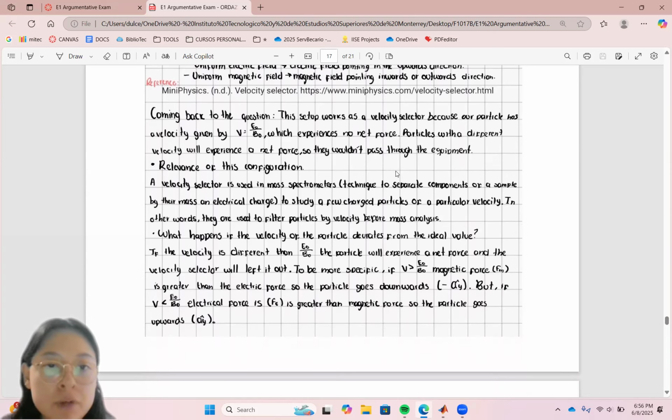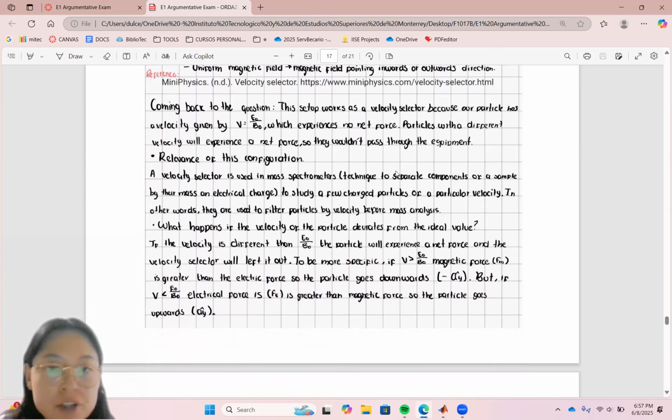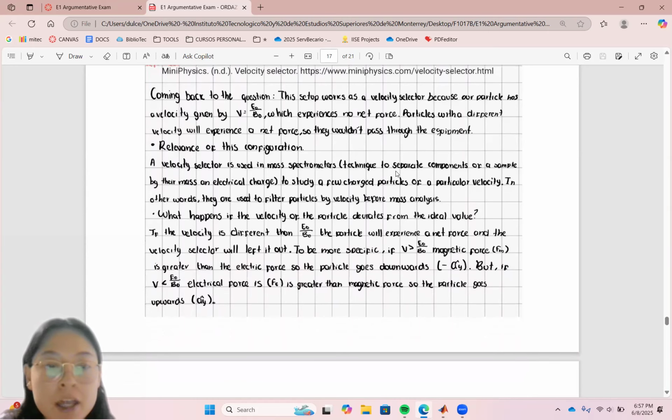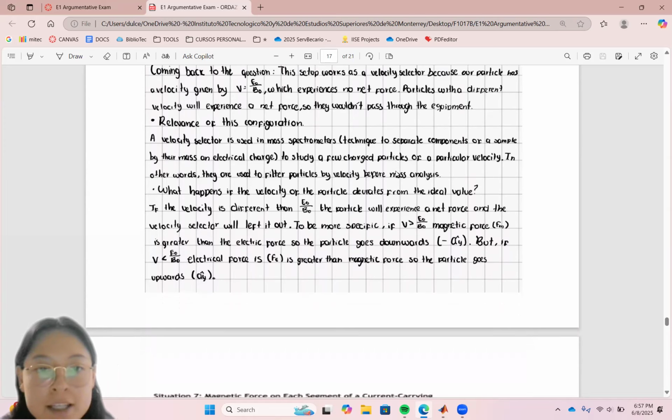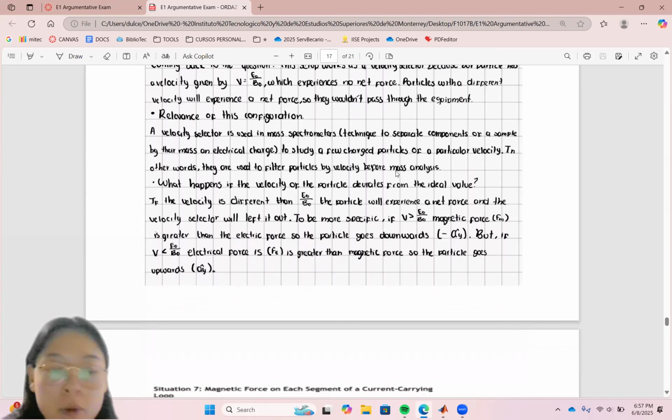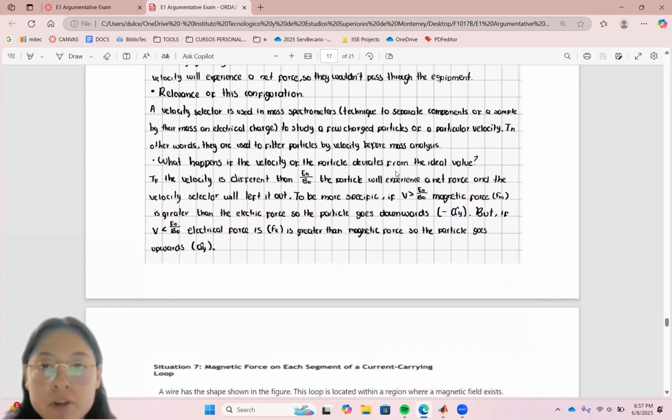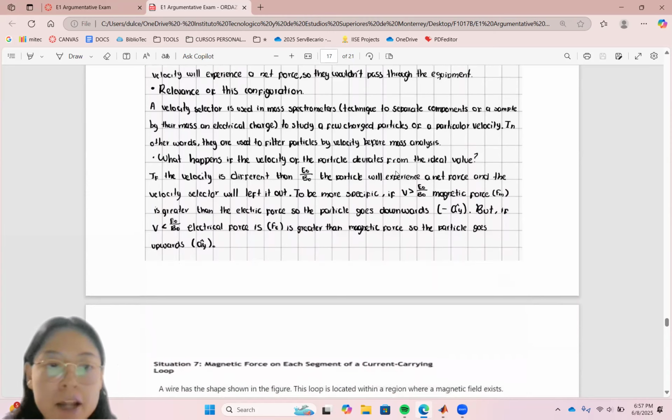Then talking about the relevance of this configuration, the velocity selector is used in mass spectrometers, so they are used to filter particles by velocity before mass analysis. What happens if the velocity of the particle deviates from the ideal value?